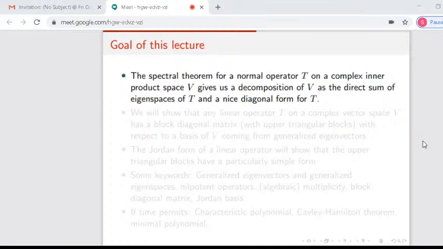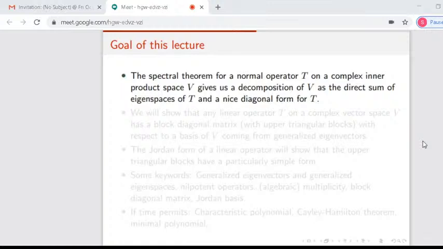So there exists some basis B which comes from generalized eigenvectors such that the matrix of T has this particular form. And what makes this form very nice? You have already seen upper triangularization of a matrix. When you have this kind of block diagonal matrix consisting of upper triangular blocks, it means the matrix has even more zeros because of the block form. And you'll see how that looks.